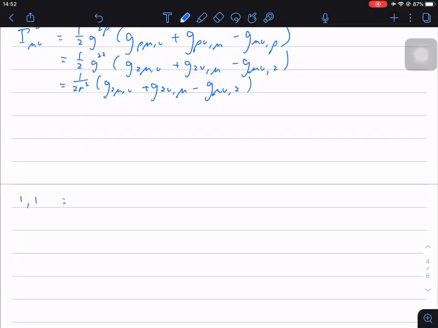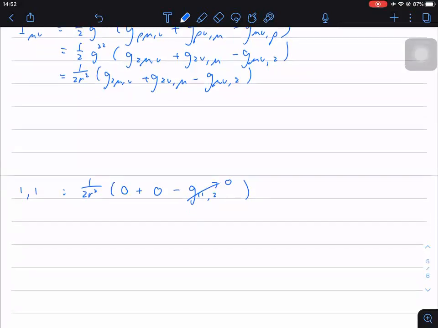For 1, 1, we have 0, 0, this is also 0. For the off diagonal terms, basically just replace them by 0 because it's quite obvious to see that. For the 1, 2 term, we have 0, 3, 2, 2, 1, and 0.